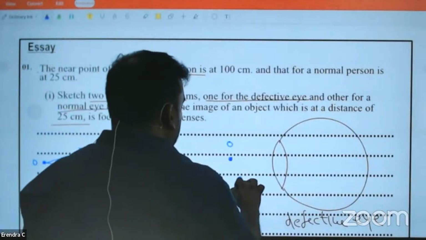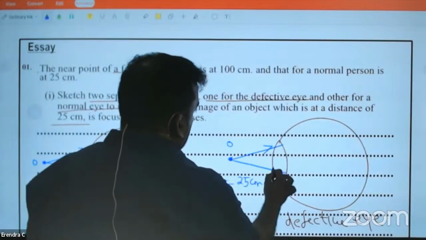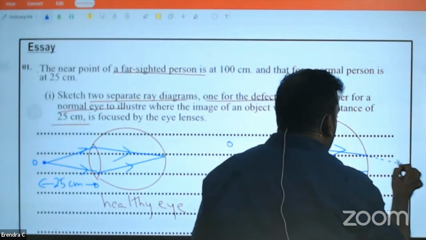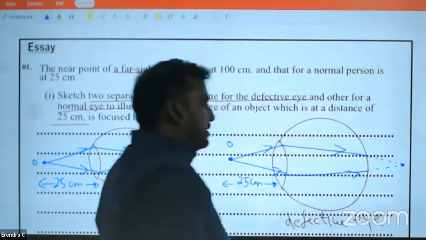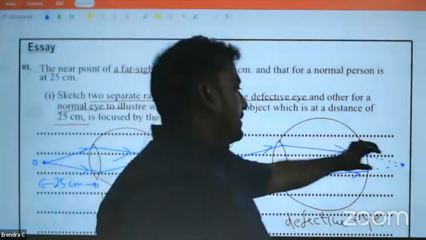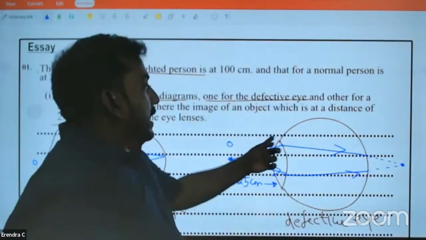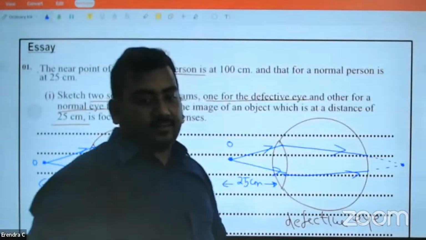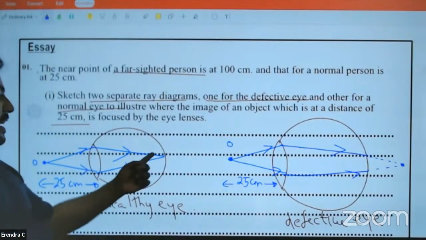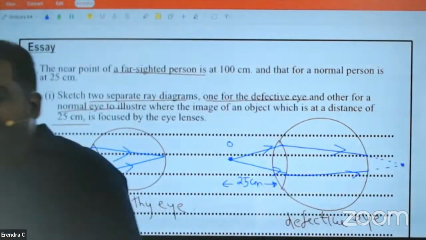In the defective eye, far-sighted, long-sighted, light rays will converge behind the retina. This is the problem. Long-sighted people, light rays are converging behind. So at 25 centimeter, healthy eye on the retina, defective eye behind the retina.